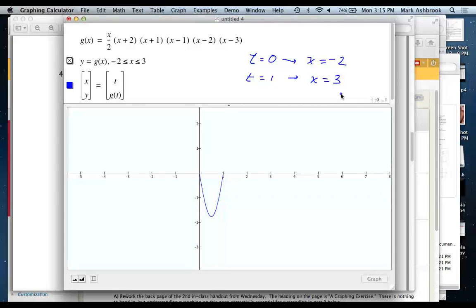So what's the general idea of this? When t is 0, I want x to be -2. When t is 1, I want x to be 3. Is that the thing you showed us? But what's the general idea of that? Trying to find a rule that does that. Okay, a rule.